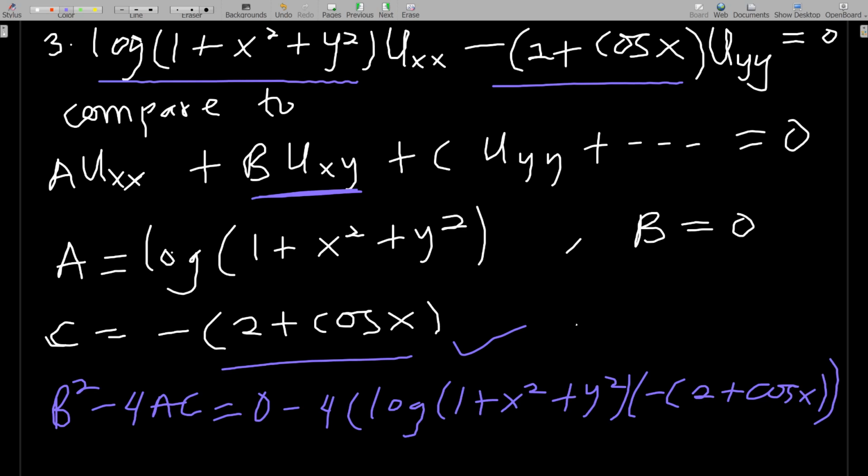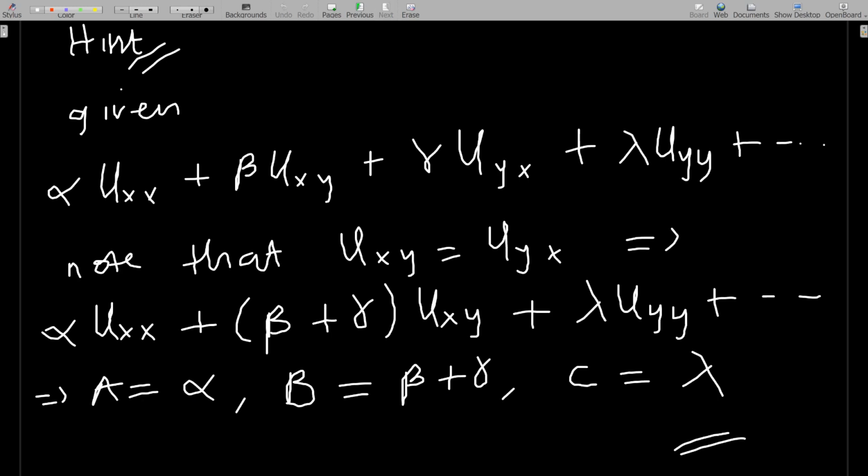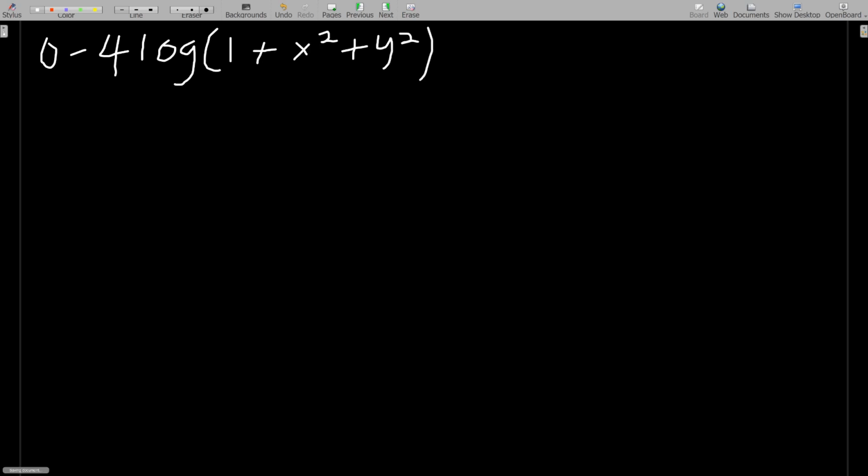Now the minus here is just multiplying the whole of that expression. Okay, let me use the white pen for you. This minus is multiplying the whole expression, so I can factor that minus out, and we'll multiply everything, so in the end we have a positive. This is what I mean. I have 0 minus 4 into log of 1 plus x squared plus y squared, then all of this is multiplying negative 2 plus cos of x.